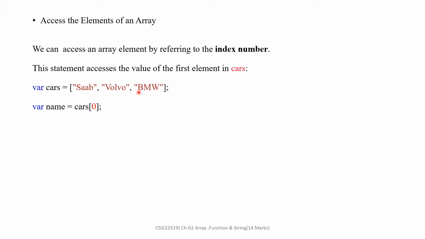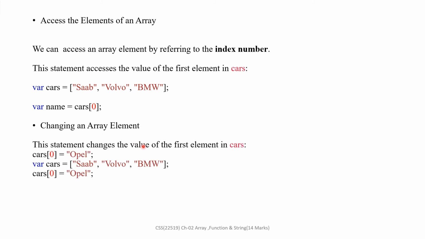Means it will display the third element, that is BMW. In this way, we can access any array element. Also, we can change array elements using the accessing method. Now we will see changing an array element.